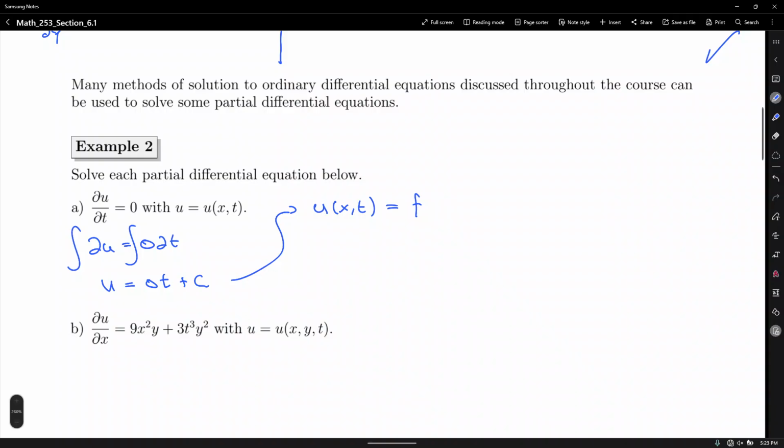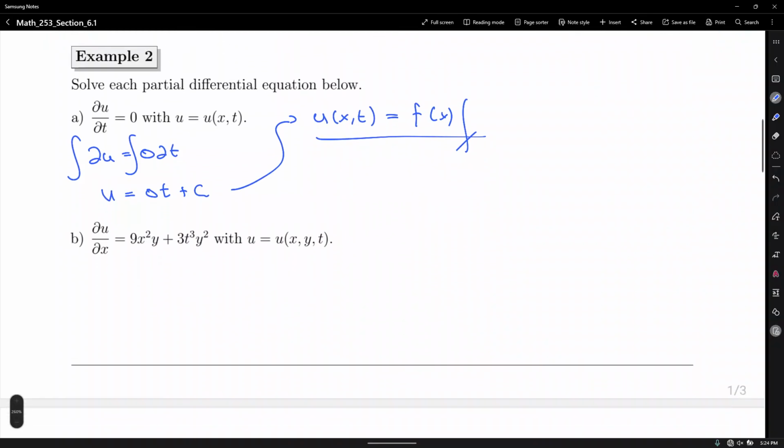Notice we integrated with respect to t. So the constant will really be a function of the space domain, which in this case is some function of x. Now, take the derivative of some function that contains all x's with respect to time. Isn't that going to be 0? Because there's no t's at all. So that actually checks the solution.